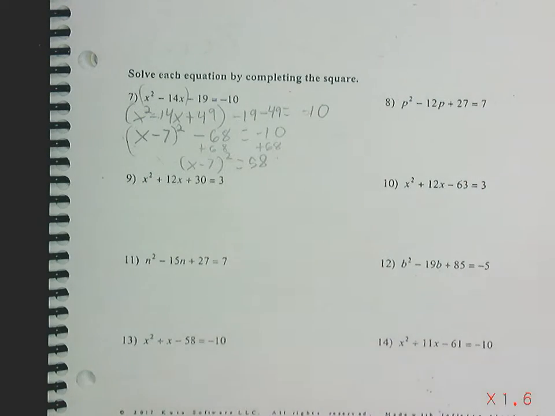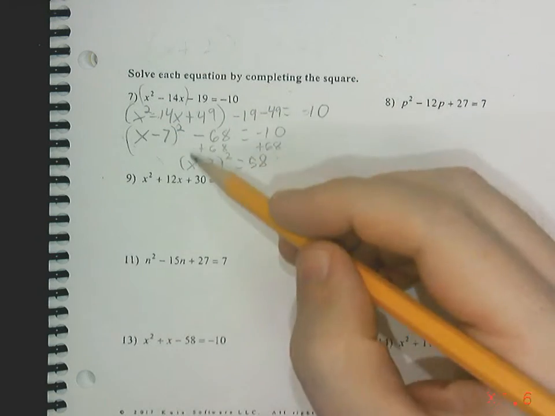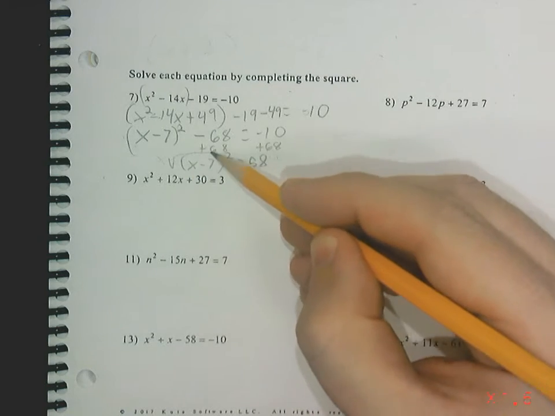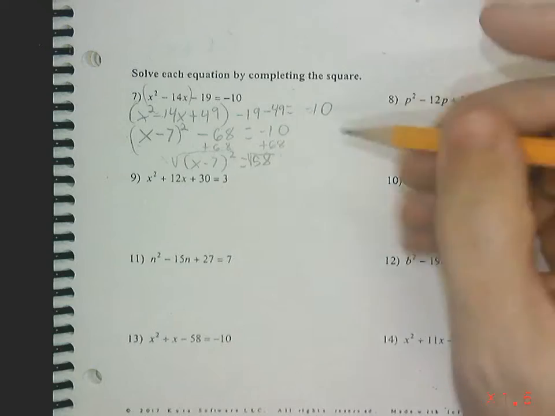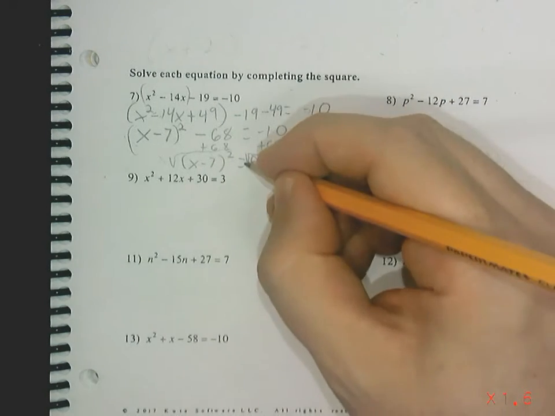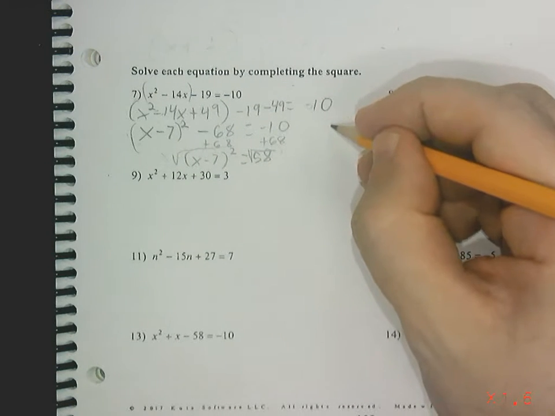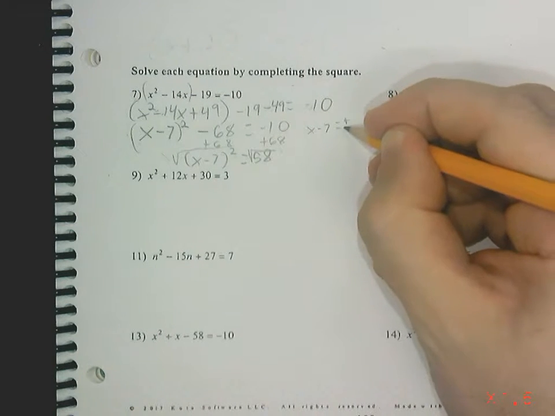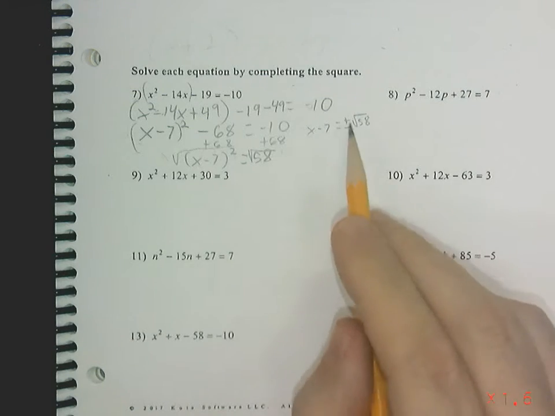Now this is where we have to solve using the square root. This is something squared, so if I want to undo that square, I've got to square root both sides. Now the issue here is that when I square root something, it's a plus or minus. So I would have x minus 7 is equal to plus or minus square root of 58, which gives me two possibilities.